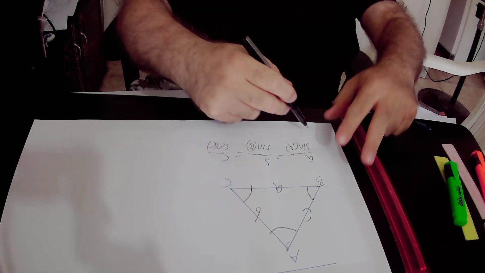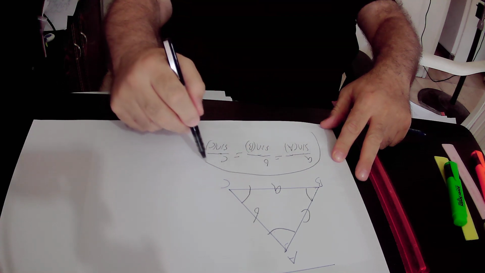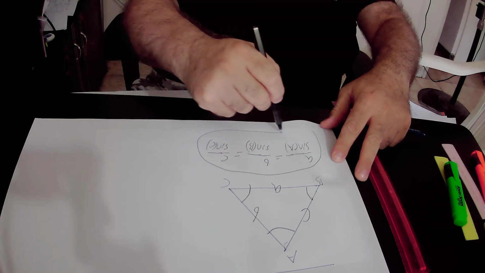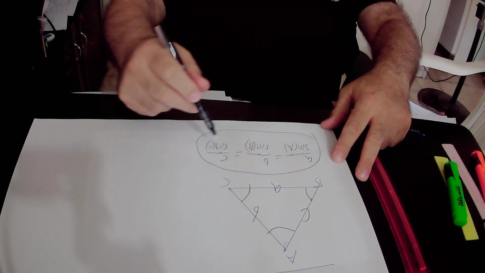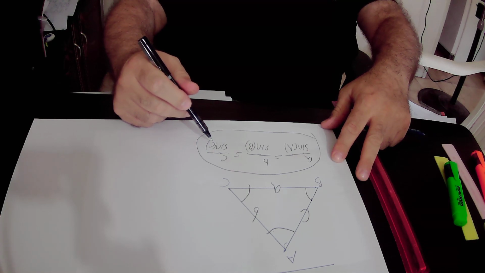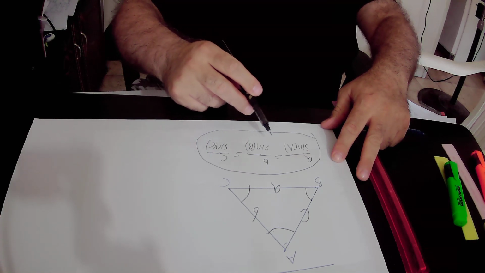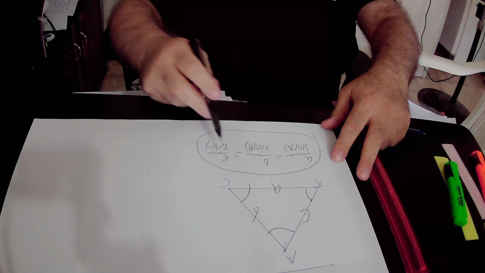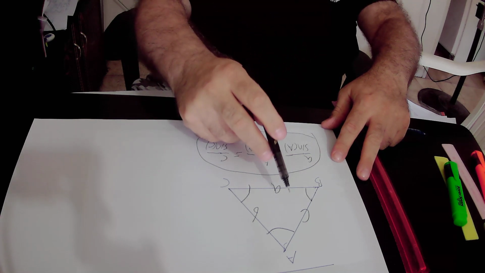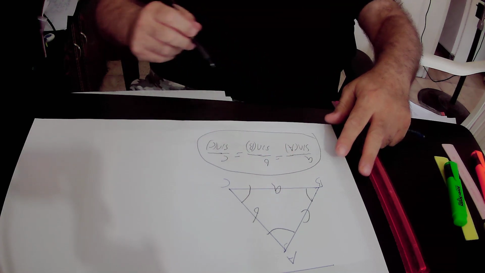So according to the law of sines, a over sine A equals b over sine B equals c over sine C. And a, b, and c in the numerator are the lengths of the sides of triangle ABC.